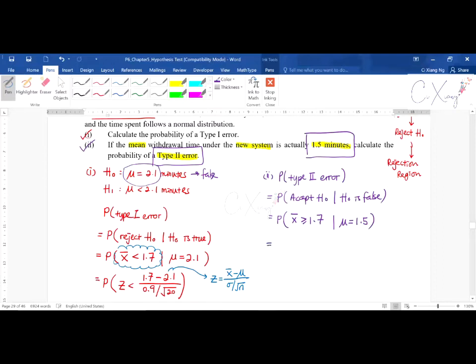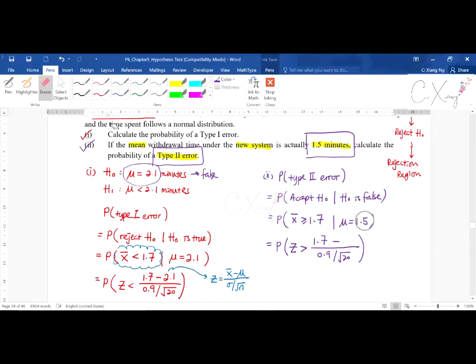Then after you write out everything here, you can continue with the calculation. Same step: Z greater than, you have to standardize it. So 1.7 minus 2.1 divided by 0.9. Oh, sorry, I made a mistake here. I shouldn't put 2.1 here.